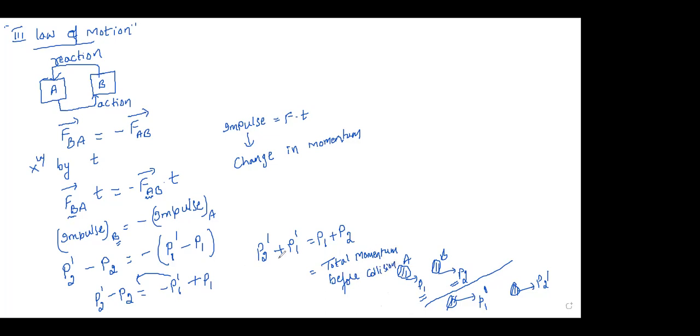What is P2 dash plus P1 dash? Total momentum after collision. So what I can say here, whatever the total momentum is there before collision, the same momentum we have even after the collision.